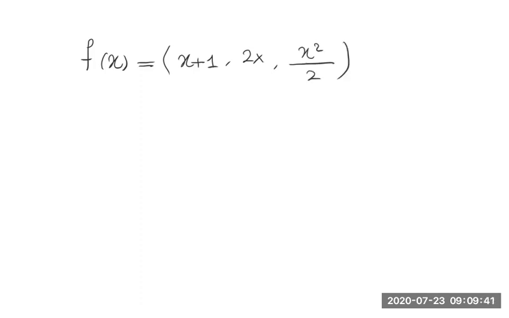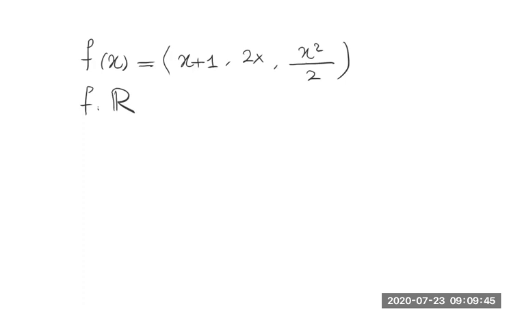Let's look at another example. Suppose f of x is x plus 1, 2x, and x squared over 2. Now here, it's a function which sends R to R3.